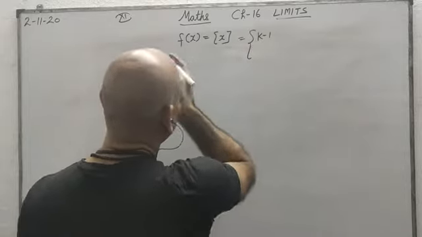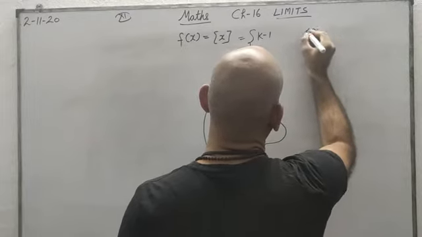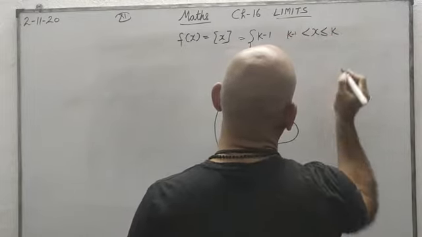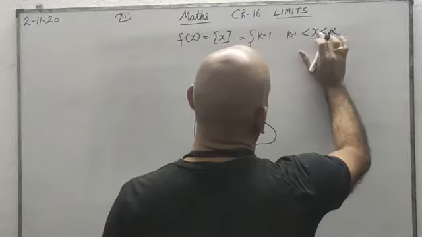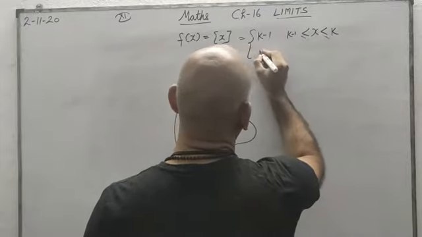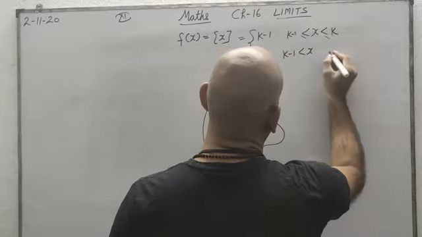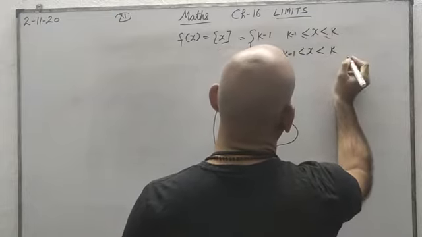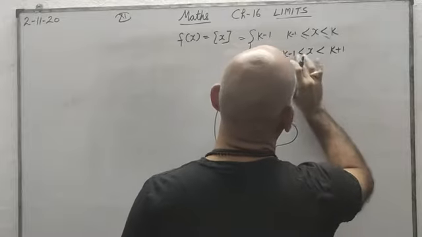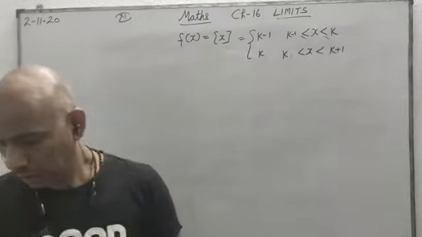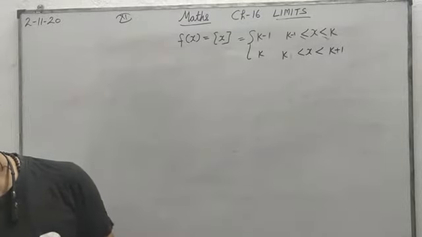The value is k - 1 when x lies between k - 1 and k, and is k when the value of x is from k up to less than k + 1. This is the definition of the greatest integer function.